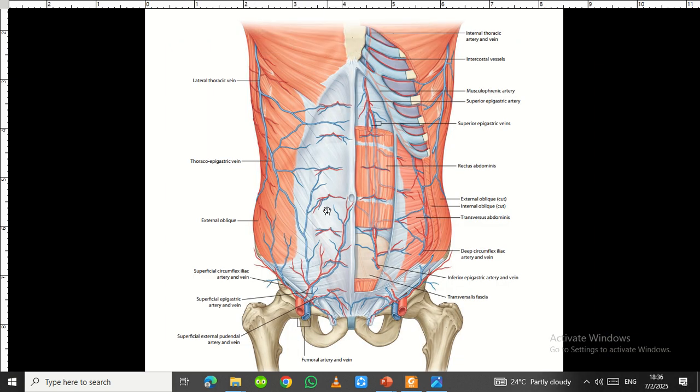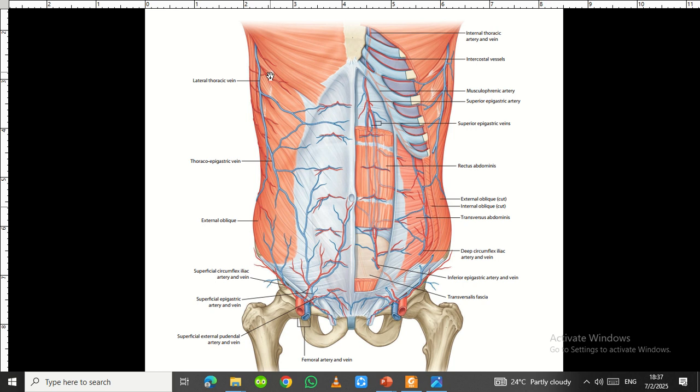Right, so let's go through a quick summary. We said the anterolateral abdominal wall is divided into three zones: zone number 1, zone number 2, and zone number 3. Zone number 1 is supplied by the superior and the inferior epigastric arteries. Zone number 2 is going to be supplied by the superficial branches of the femoral artery, which include the superficial circumflex iliac artery, the superficial epigastric artery, and the superficial external pudendal artery.